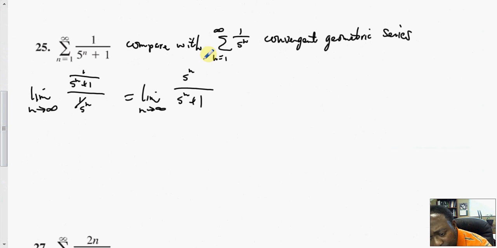So if you think about this limit, since the numerator is less than our denominator even by 1, as n goes to infinity, this guy will go to 0. Well, 0 is indeed finite and positive, but that direct comparison should have worked.